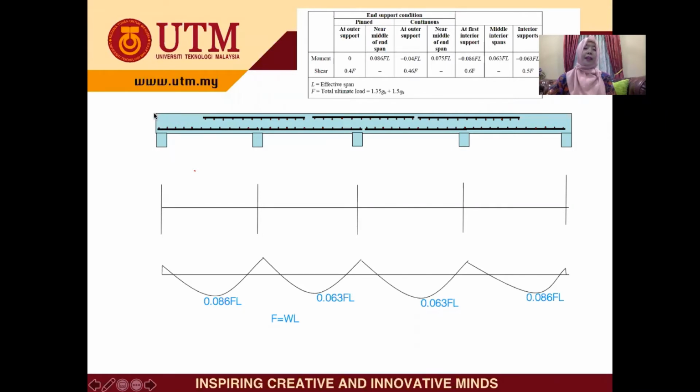The difference is that at this outer support, it is fixed. We have a moment here, as much as 0.46.